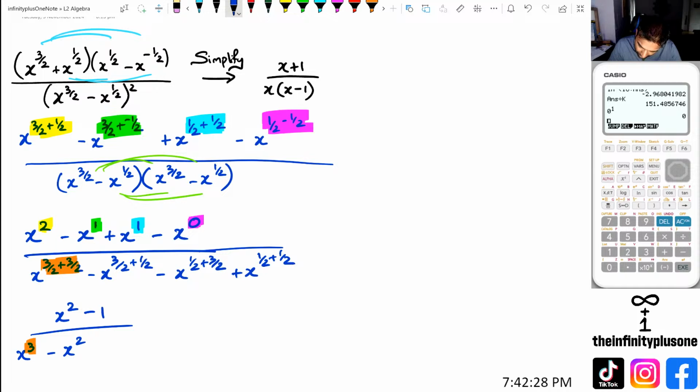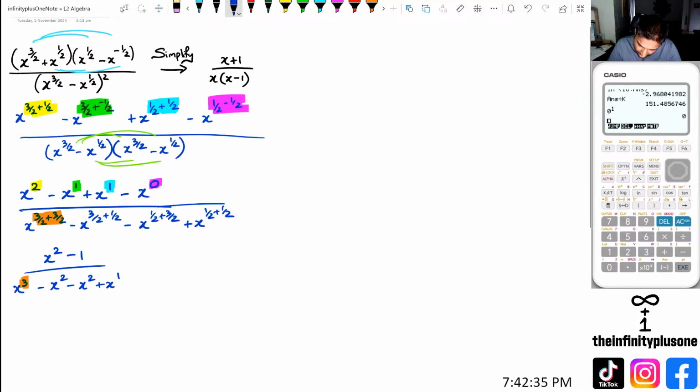And I've got minus x squared minus x squared plus x to the power of 1. So again, all I've done is do that quickly here, but basically these two things add up to 2 and 2, and then we've got a half plus half, which equals 1.